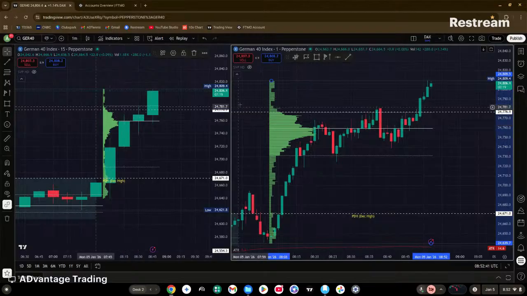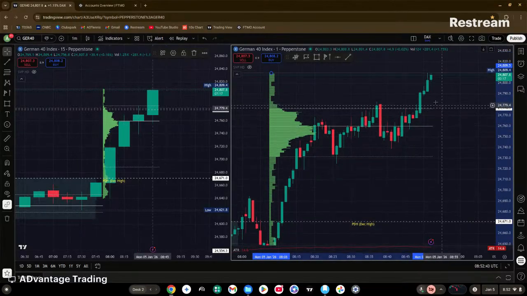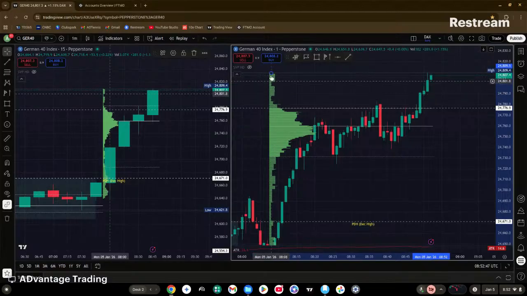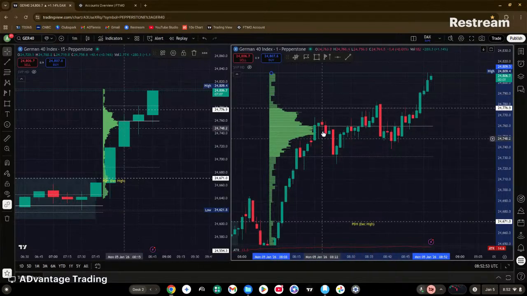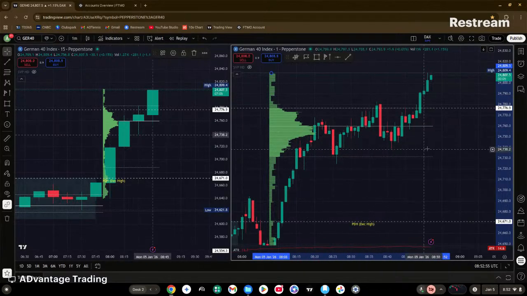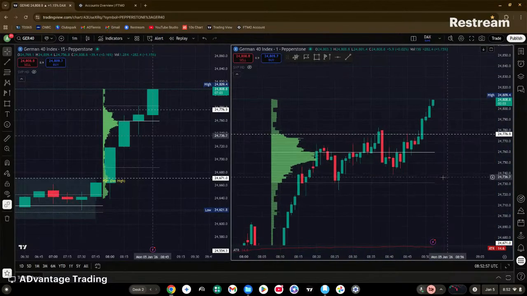So what you'll notice is that the price is moving up, but we're not really getting any significant volume coming in. You know, the volume's here. This is where there's real support and protection.